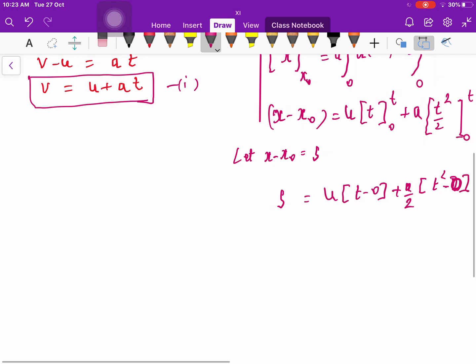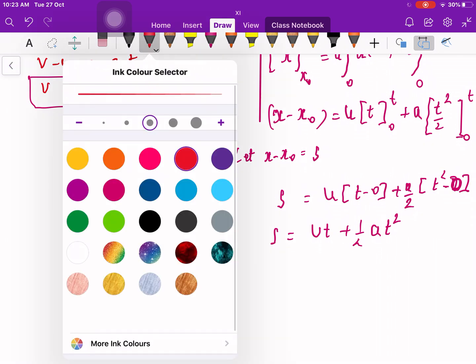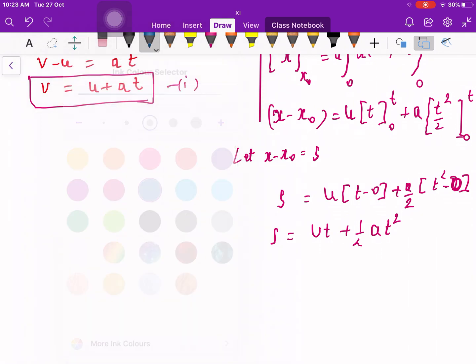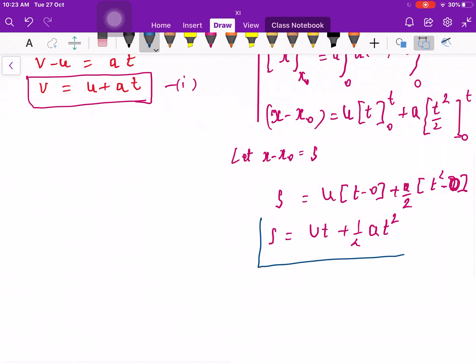That is, s is equal to ut plus half at square, and this is our equation 2. It is our equation 2: s is equal to ut plus half at square.